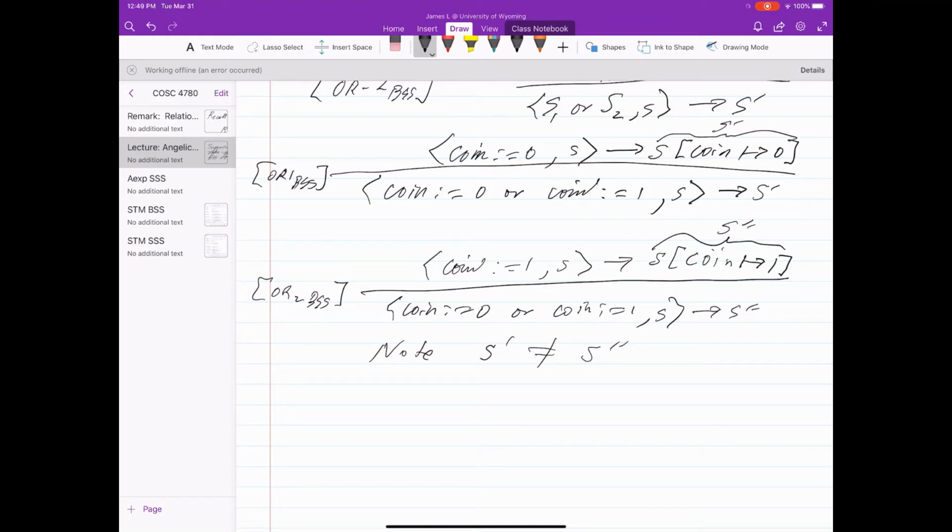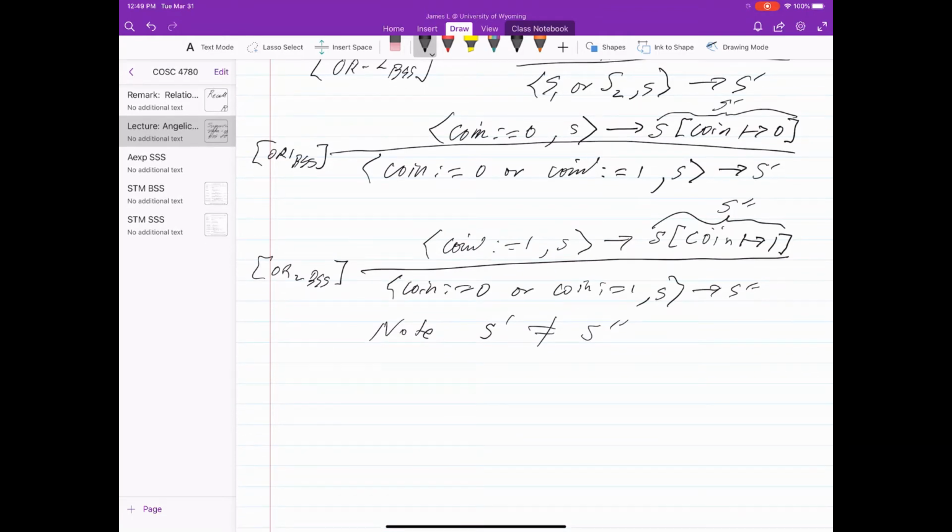Why is that? Because remember, these little S's are states, and they're functions. S prime of coin evaluates to 0 and S double prime of coin evaluates to 1.